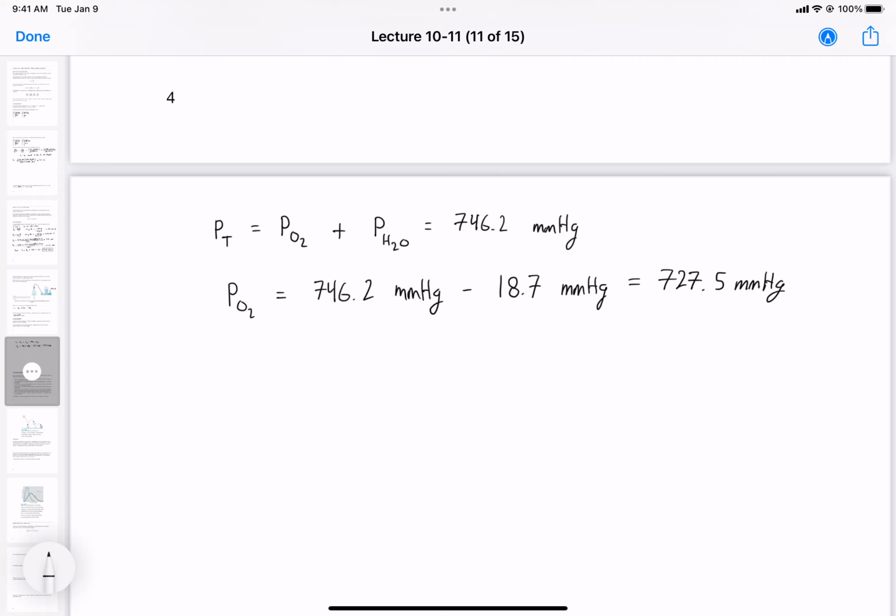If we convert this to atmospheres, we do 727.5 millimeters of mercury times the conversion factor, which equals 0.957 atmospheres.